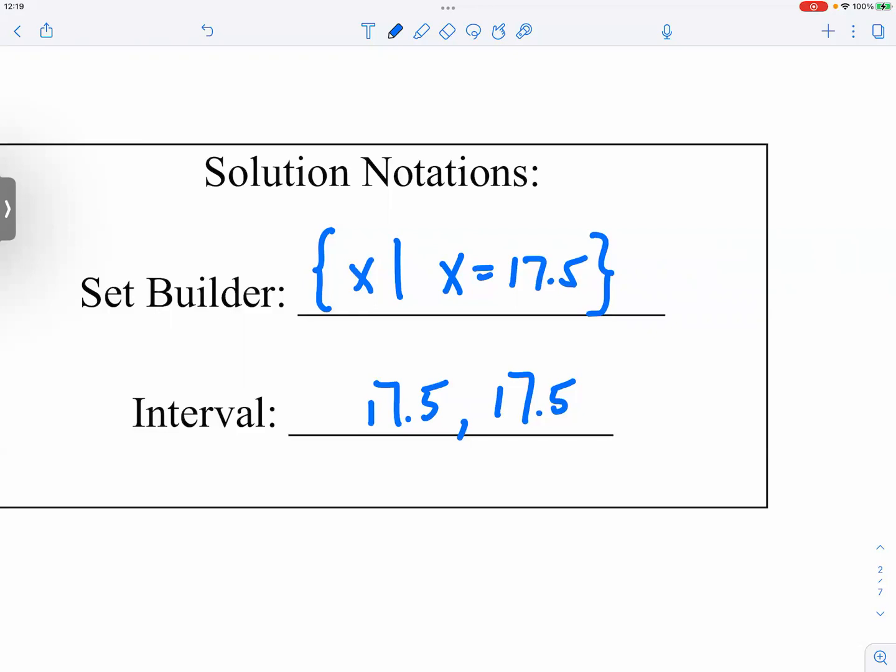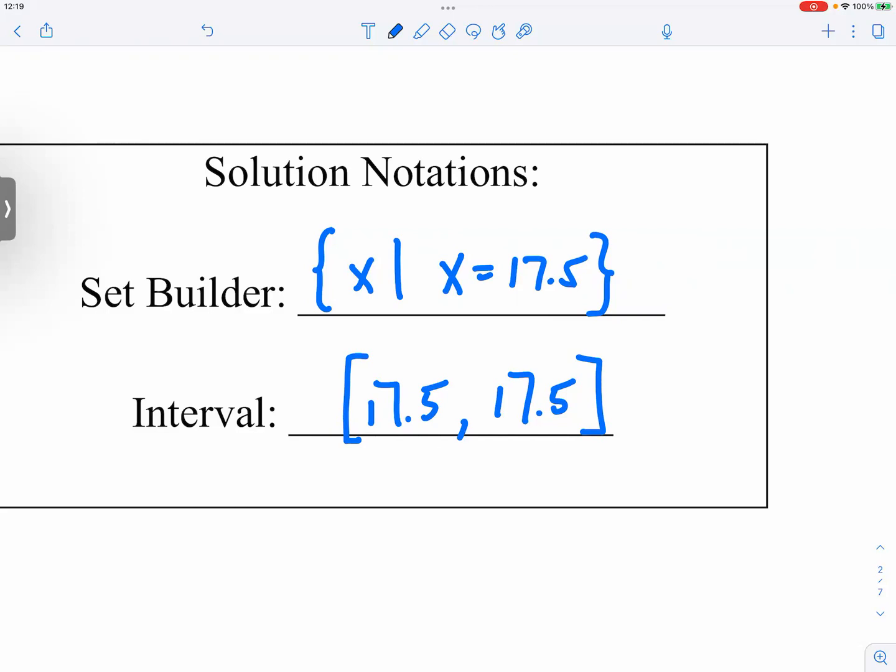Okay, and to show that we are including 17.5, we are going to use brackets. So I'm going to let you write down first, and then I'm going to do some more annotation on the symbols right here. Okay, so bracket 17.5, comma 17.5.